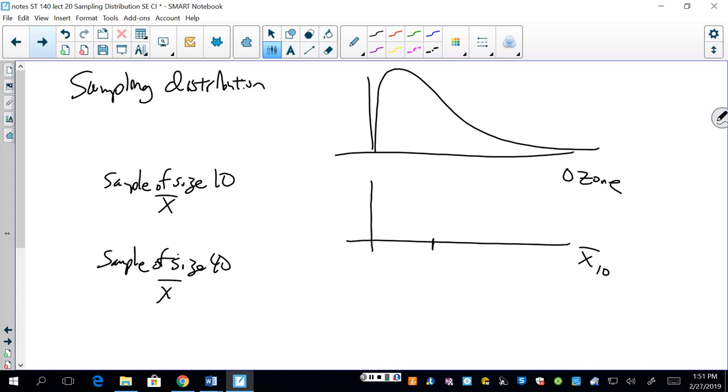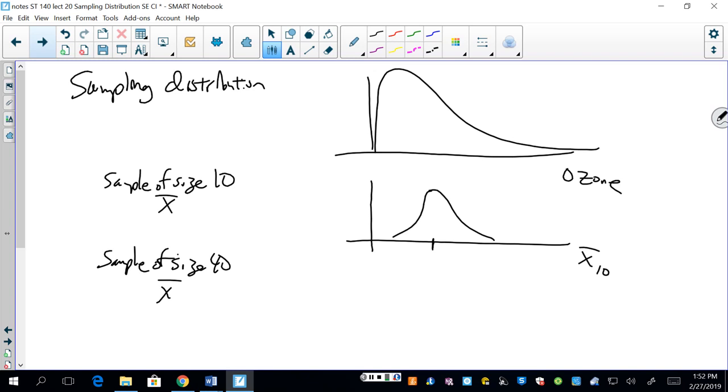As we'll see in the simulation, there's still a little bit of a tail there, but it's more reduced. When we pick 10 from that population, we don't get as much variability. We get some large ones, we get some small ones. You average them together, and the big and the small cancel each other out in the sense of being away from the center, and it's more moderate.